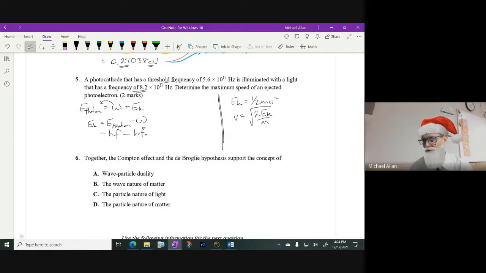You can see this is a threshold frequency, that's your f naught. So there's enough energy here to get over this. Remember, frequency and energy are directly proportional. This has more energy than this one, so the photoelectric effect is going to take place. I'll plug all these numbers in, and we get 1.7238 times 10 to the negative 19 joules.